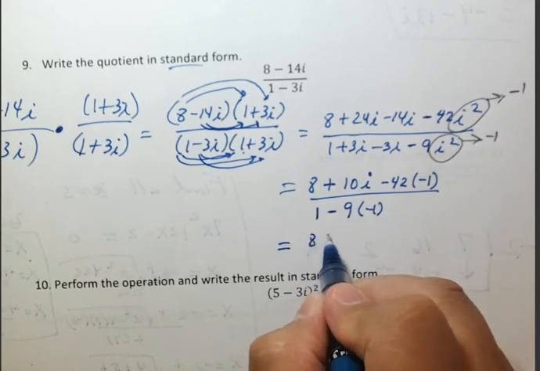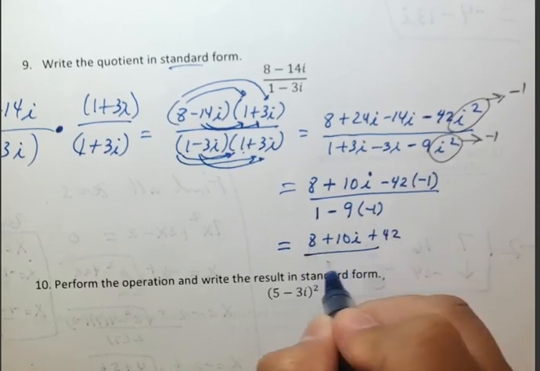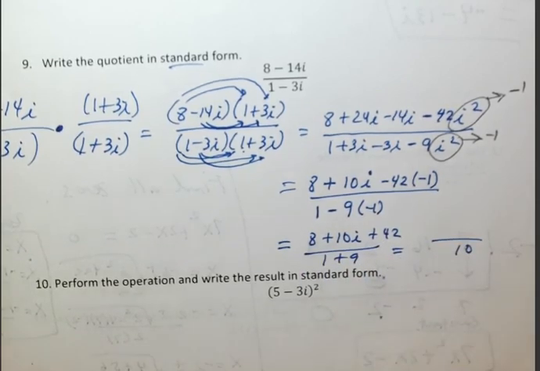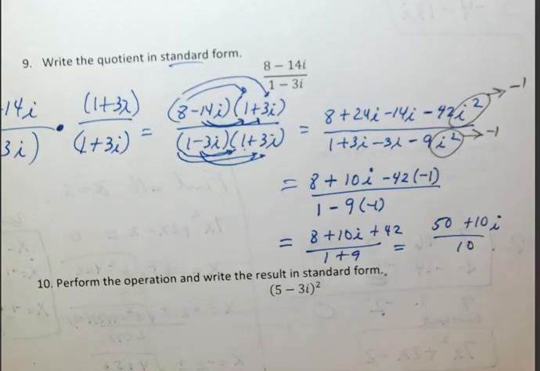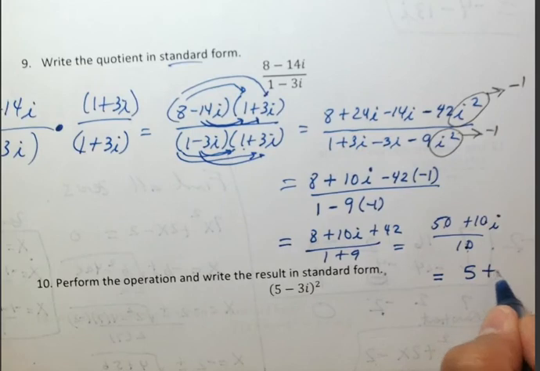So we get 8 plus 10i plus 42 divided by 1 plus 9. 1 plus 9 is 10. 8 plus 42 is 50. However, it needs to be in standard form. We need to simplify this, right? What is 50 divided by 10? And 10 divided by 10 is 1. So my answer is 5 plus i.